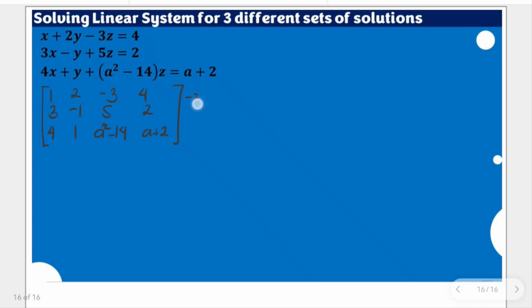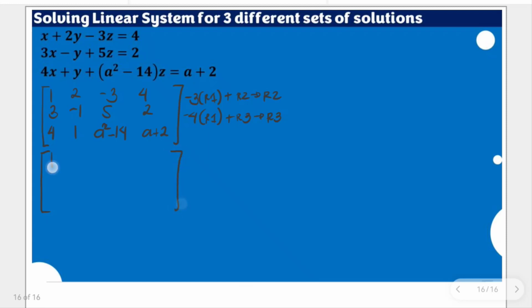Let's multiply -3 to row 1, add it to row 2 for a new row 2, and let's multiply -4 for row 1 plus row 3 to have a new row 3. In this case, we are going to come up with results that will make this first entry for both second and third row to be equal to 0. So it will be like this here.